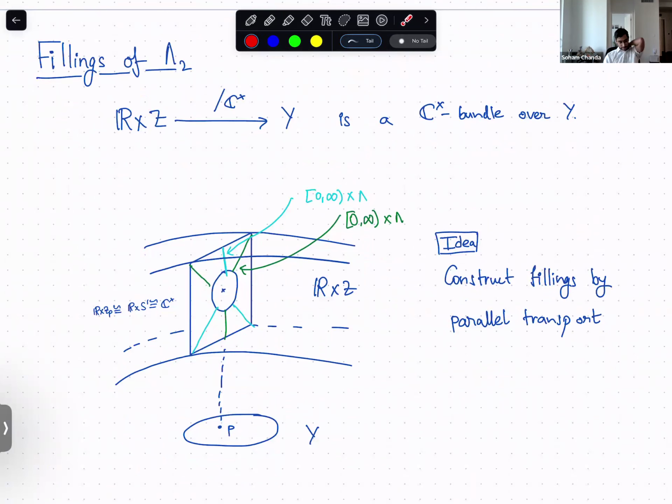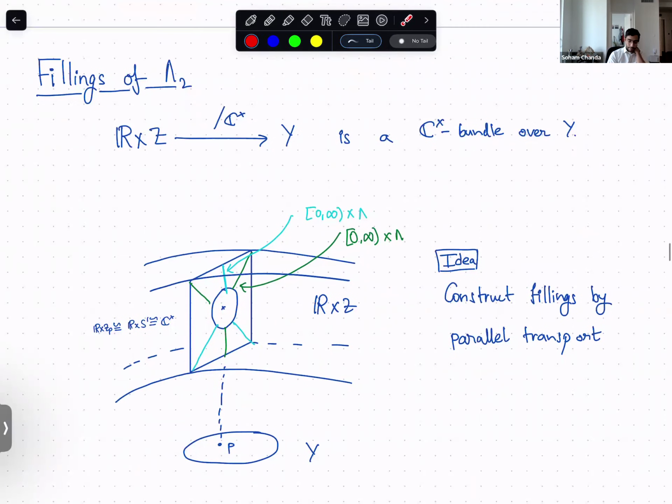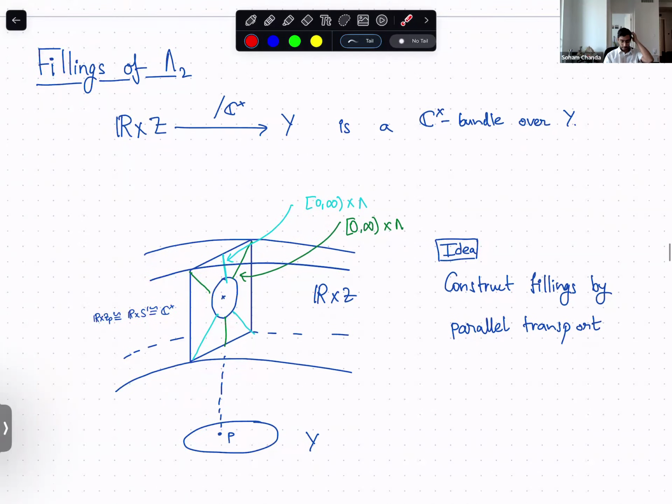So let's see where I will take the fillings. I will take the fillings inside R times Z. And note that since Z was a circle bundle, R times Z becomes a C star bundle. View the C star as R times S1. And I will now construct fillings by taking parallel transport with fibers in C star.